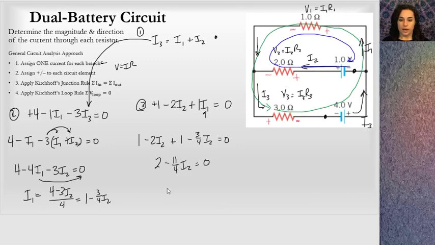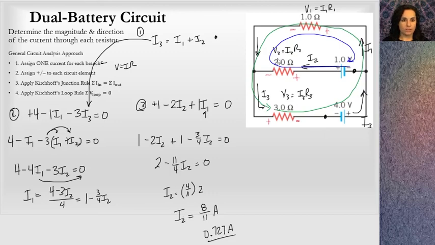I can get I2 on one side, then I'll have it 4/11 times 2. And so I get a value for I2 out of here just like I expected, 8/11 amps. Okay, so that is 0.727 amps when you run that through the calculator, 8/11.